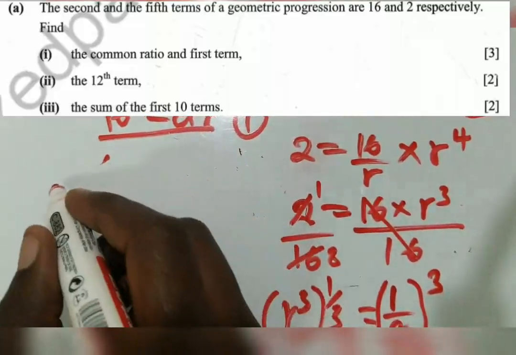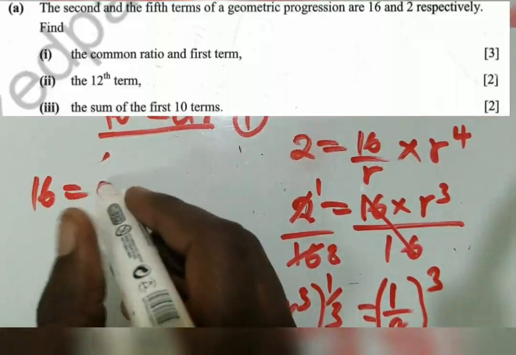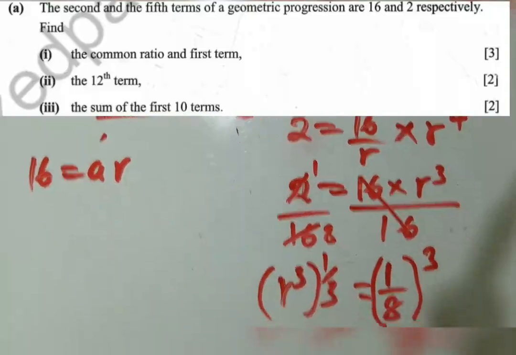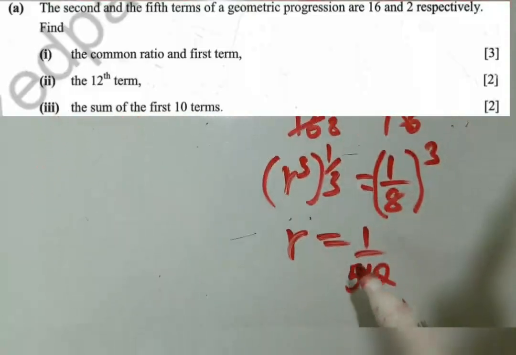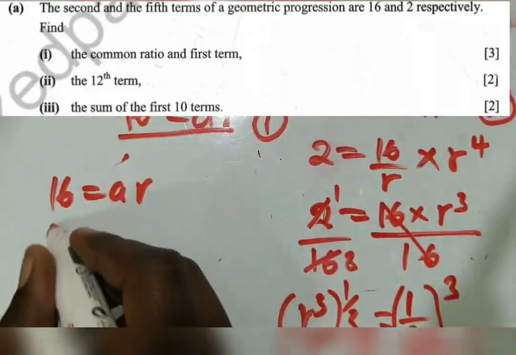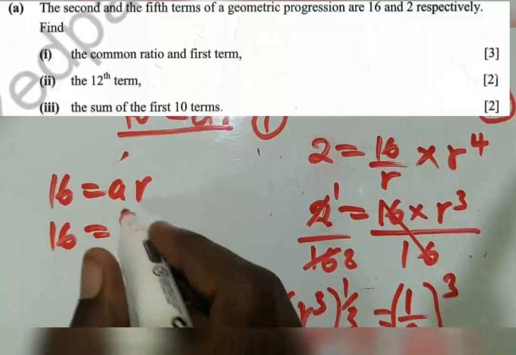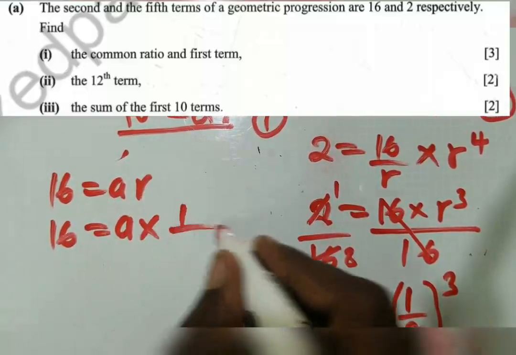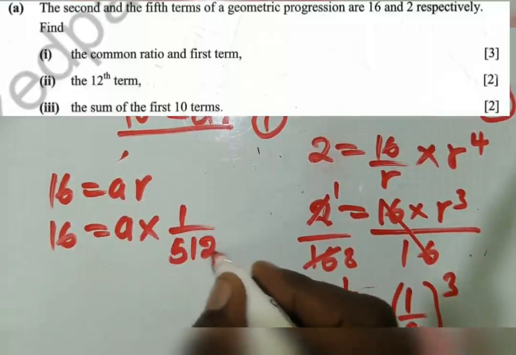So 16 equals AR. We know that R is 1 over 512. So we are going to substitute 1 over 512 here. So we are going to have 16 is equal to A times 1 over 512, like that.